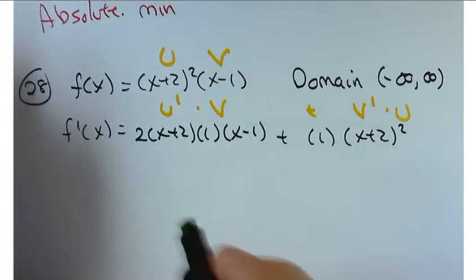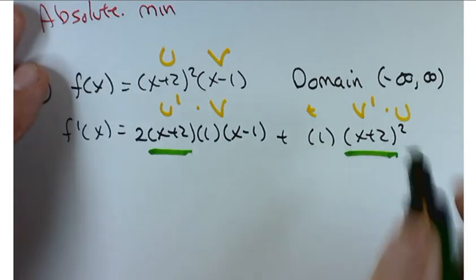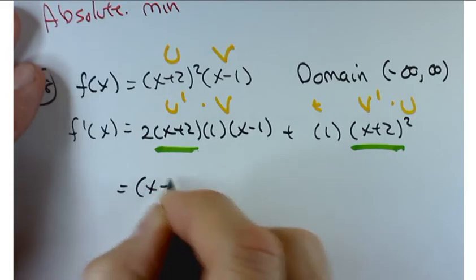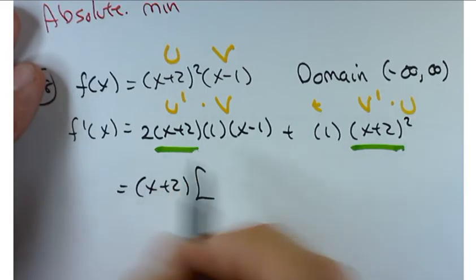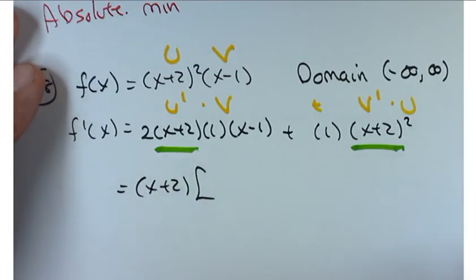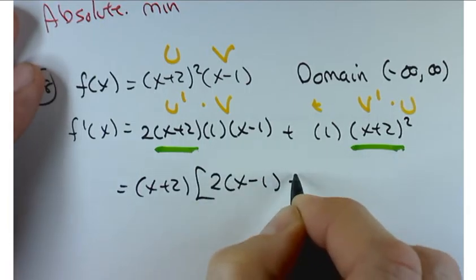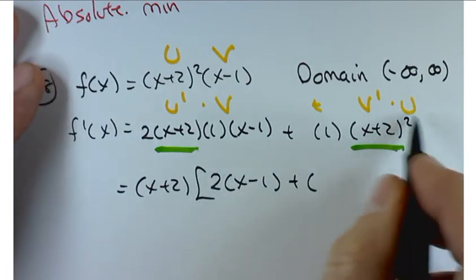So, Scott, let me factor out the x plus 2. What's left behind? Well, we took out one of those times x plus 2, or plus x plus 2. Perfect. Now, let's combine these things.